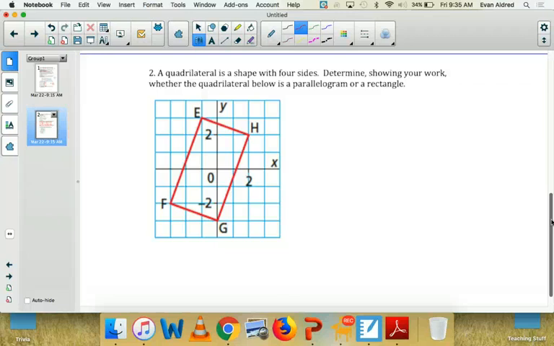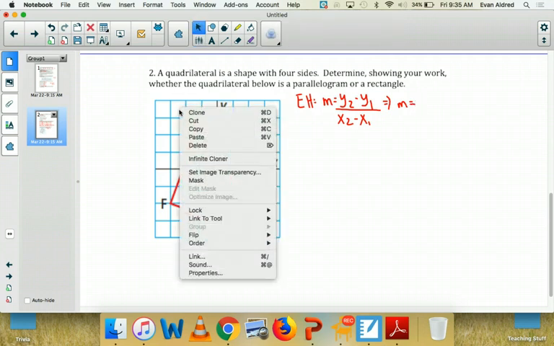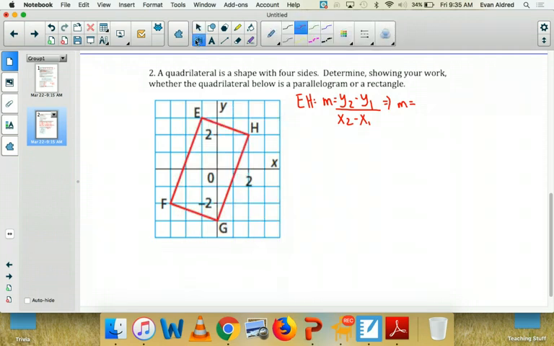So the first thing we have to do is find the slope of EH. We know how to find slope, y2 minus y1 over x2 minus x1. But before we can do that, we need our coordinates here. So E is at negative 1, comma 3.